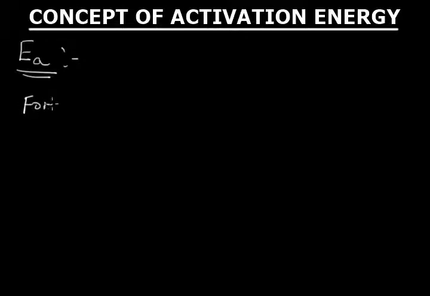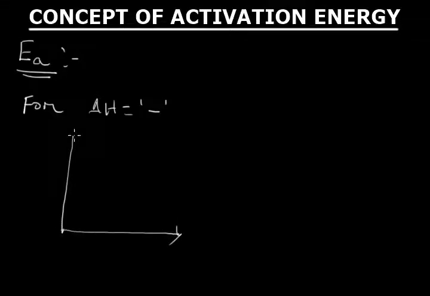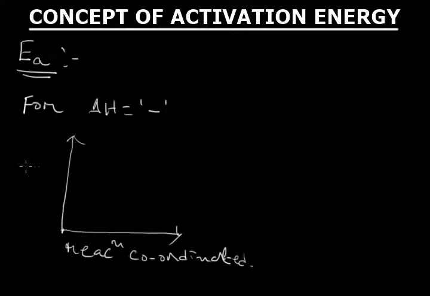For an exothermic reaction, that is where the enthalpy change is negative, if we plot the graph where along the x-axis the reaction coordinate is plotted, that means how the reaction proceeds, and along the y-axis energy is plotted, then we have a graph like that.